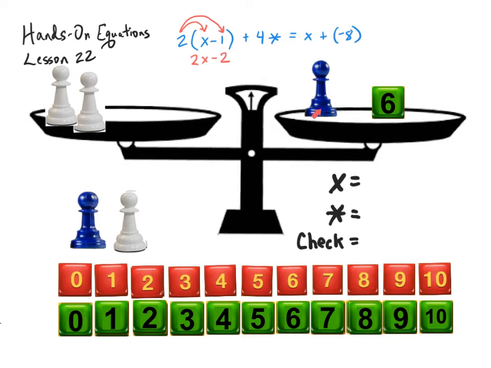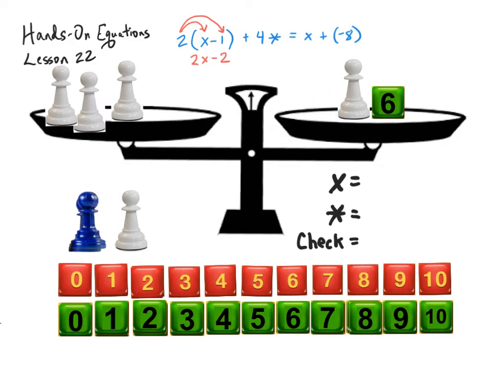To get rid of this blue pawn, I'm going to add a star to both sides, which will create a 0 pair right here, and that 0 pair then can be removed. So now I have 3 star equals negative 6, so I'm asking myself what times 3 is 6, and 2 times 3 is 6, and that will be negative 2, because this was a negative 6. And if star is negative 2, x is positive 2.